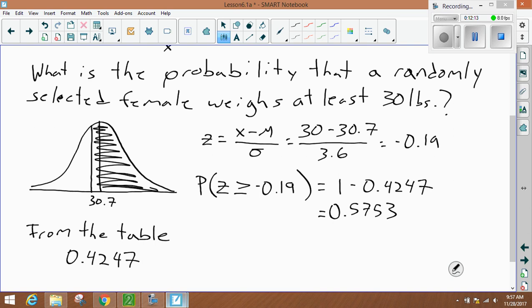All right, if we were to put that into context, we would say that the probability that a randomly selected female weighs at least 30 pounds would be approximately 0.575, right? Or you could say approximately 58%. Cool.